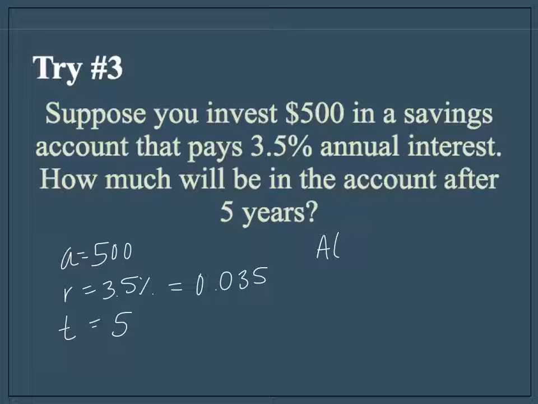So A of 5 is going to be 500 times 1 plus 0.035 to the 5th power. Okay, if you multiply that out using order of operations, you should get $593.84.